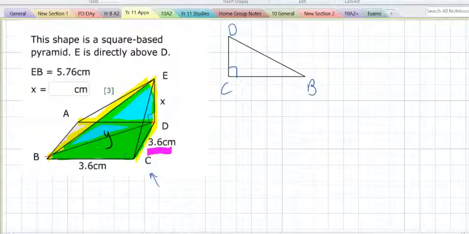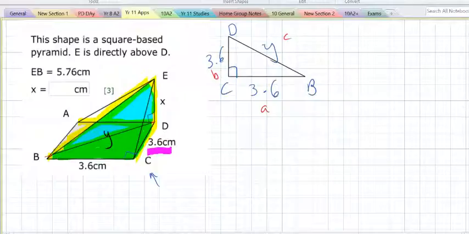Our right angle is there on the floor. And then the sides are 3.6, 3.6. Some people might think that if both of those sides are 3.6, then the last one is also, but that's not the case. We label it our unknown, y, and then we use Pythagoras to find out what it actually is.